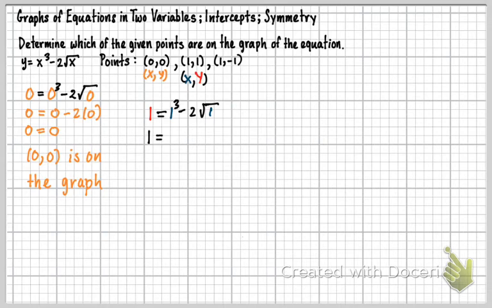On the right, 1 cubed is 1, and then minus 2, and the square root of 1 is 1. So this is going to be 1 equals 1 minus 2, which means 1 equals negative 1, which isn't true. So guess what that tells us? Since that statement isn't true in the end, 1 does not equal negative 1, then I can say 1, 1 is not on the graph.